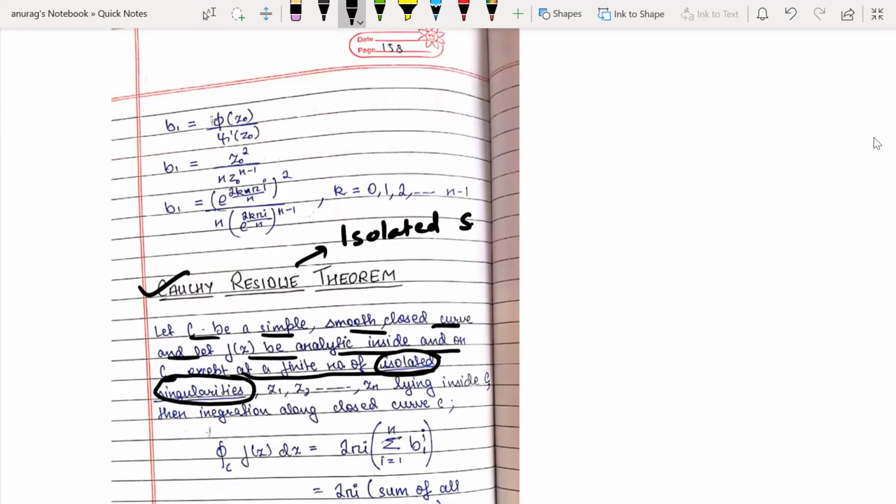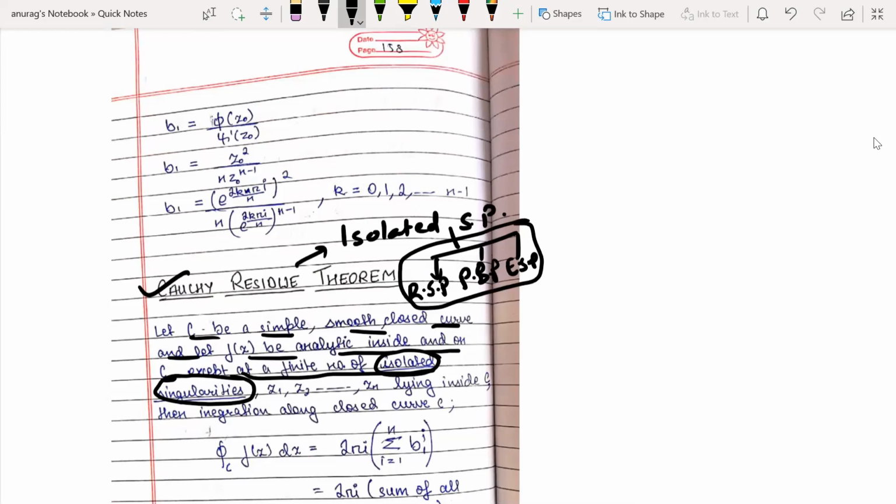I told you there are two types of singular point, isolated and non-isolated. In your syllabus, isolated singular points can again be classified into three types: removable singular point, pole, and essential singular point. If you have these types of singularity, then you can apply Cauchy residue theorem.